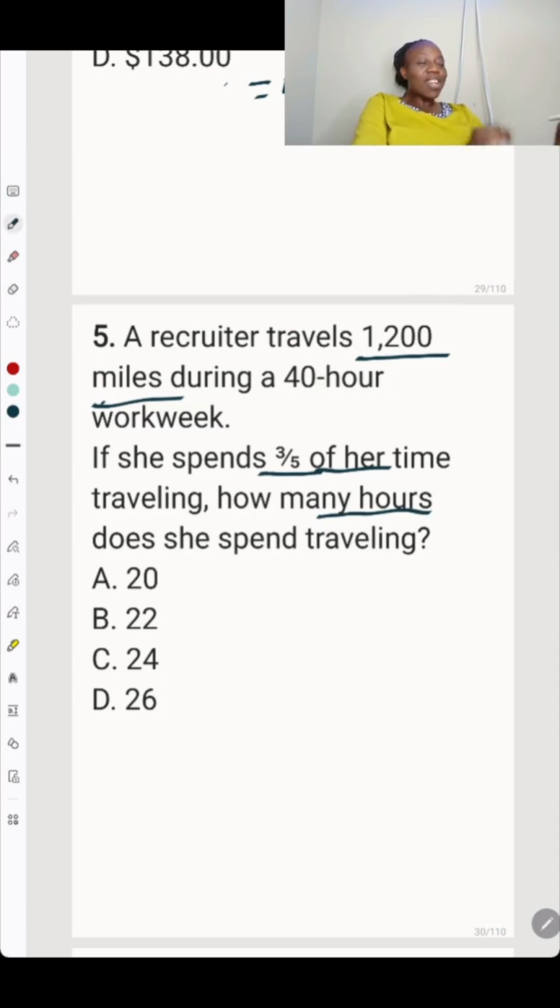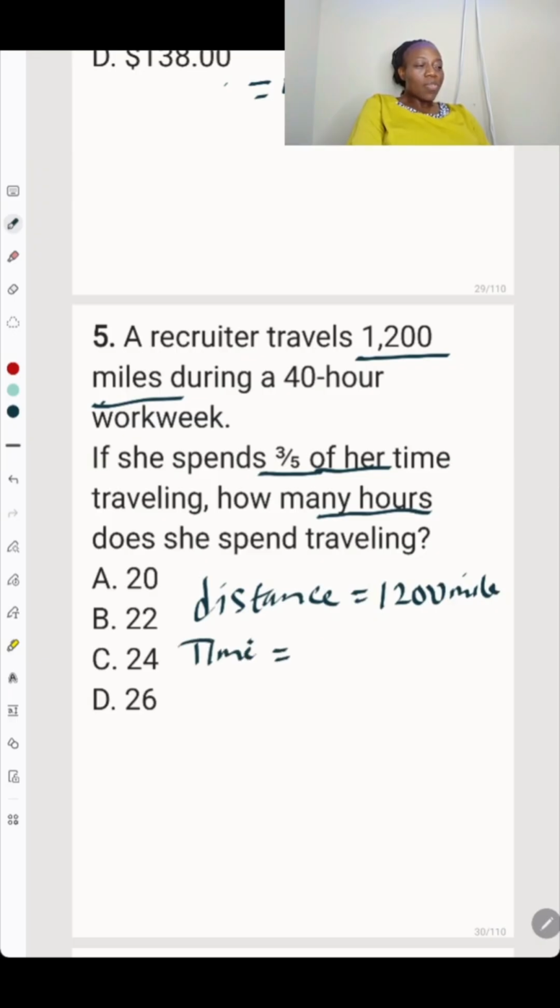Let's identify what we have. We are having distance. The question is not asking for what distance has she covered. The distance here is what? 2 miles. What is the time? The time is 40 hours. Then the question is what? How many hours does she travel?